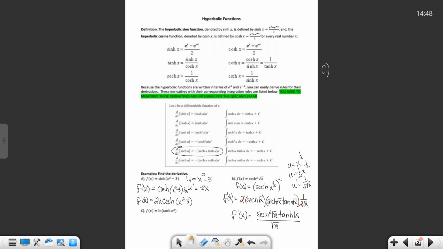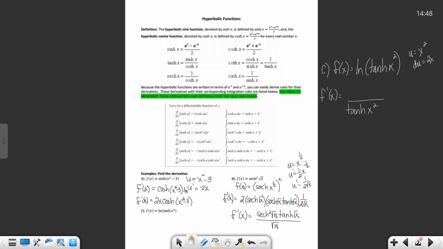So C says f of x is equal to the natural log of the hyperbolic tangent of x squared. Okay, so u in this case is x squared, which makes du 2x. When we take the derivative, we're taking the derivative of a natural log. So whatever's behind the natural log goes on the bottom, hyperbolic tangent, and then the derivative of the bottom goes on the top.